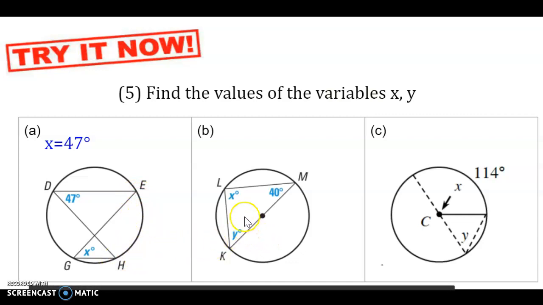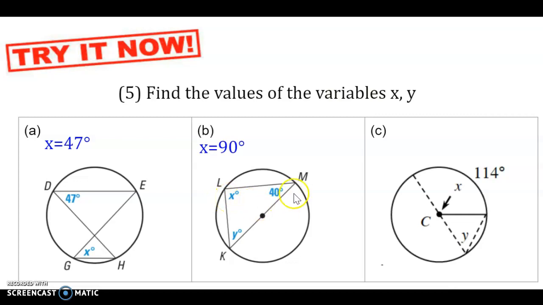What about B? What do we know about this angle? It's always going to be 90 degrees because this is a diameter. What do we know about y? We know that if this is 90 and 40, then I know that a triangle always adds to 180 degrees. So it's going to be 90 minus 40, which is 50 degrees.